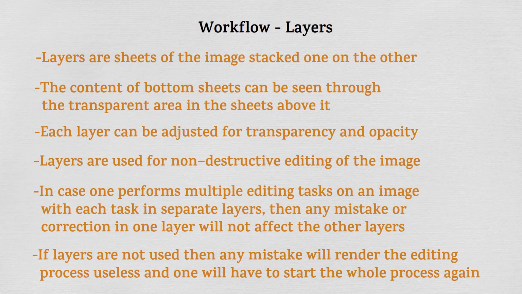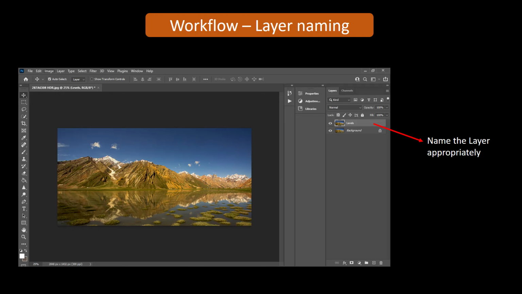That's why having layers is a good way of processing. Once you have created a layer, you have to name it appropriately, because then you will know what particular work you have done on the layer. So for example, I have created a layer and I have named it as levels.